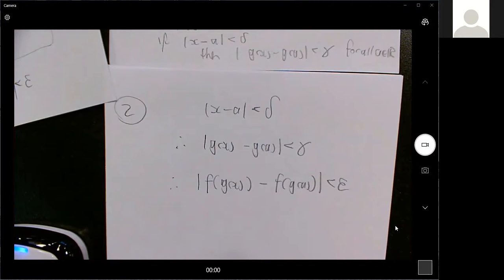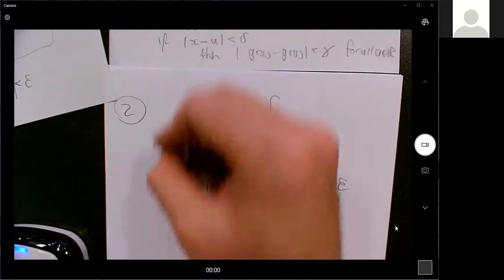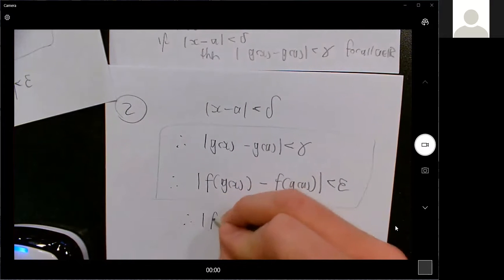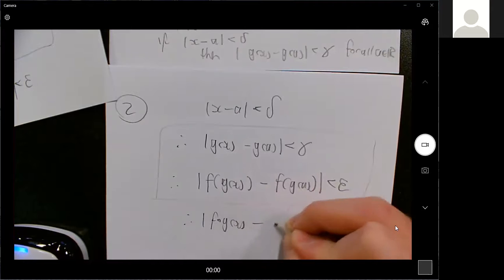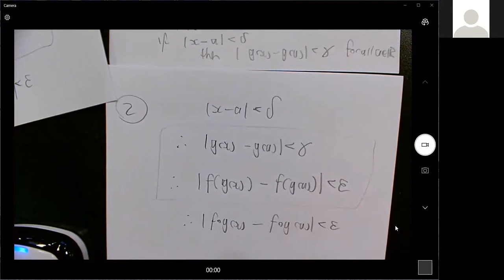I can follow the proof. It'll be okay. Which is what I wanted. And so this was the only 2 lines in that second bit. Cool. And so therefore, f of g is uniformly continuous.